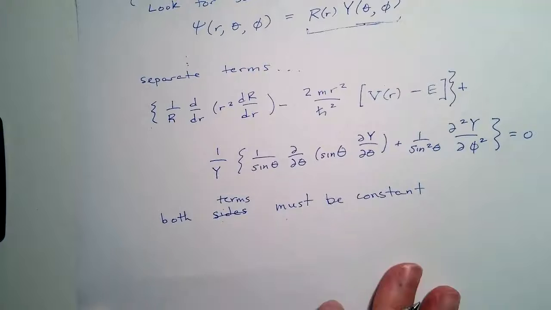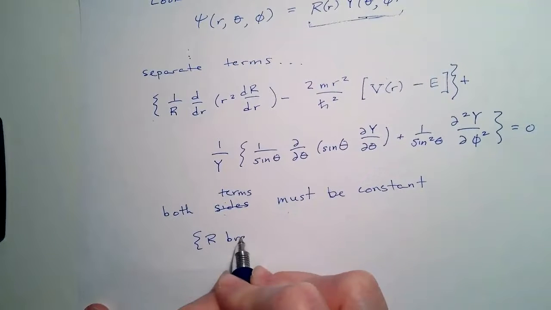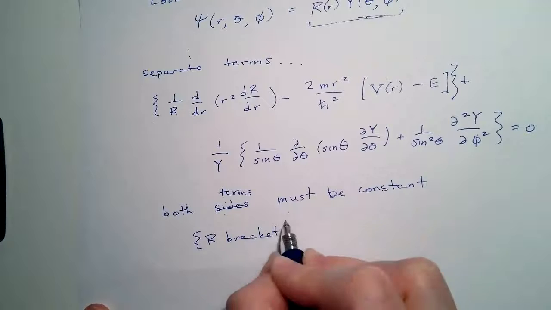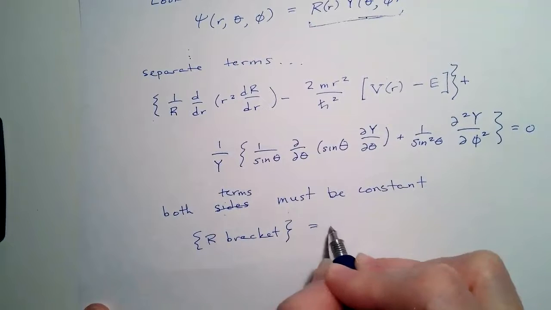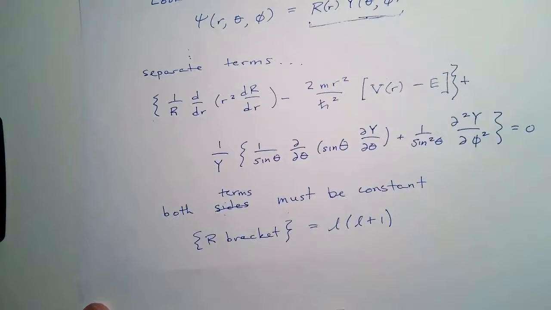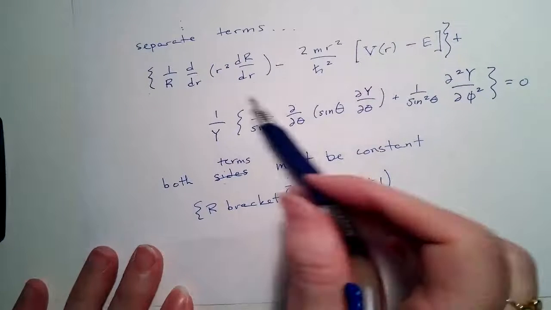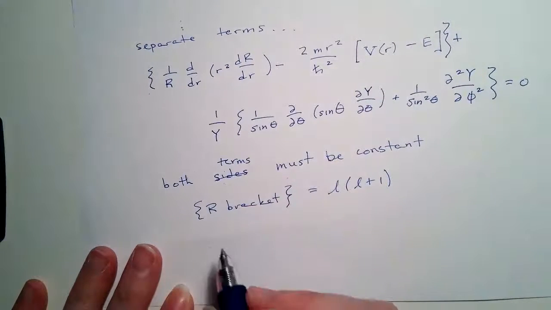So what we're going to do is take the things in that top bracket. I'm going to be kind of lazy and just call it the R bracket. And we're going to set that R bracket equal to a constant. Now, this doesn't look like a simple constant, but there's a reason for picking L times L plus 1, right? So that'll make solving this differential equation a little bit easier.